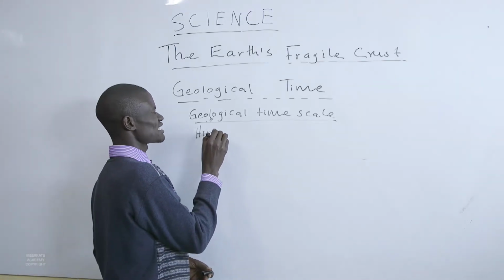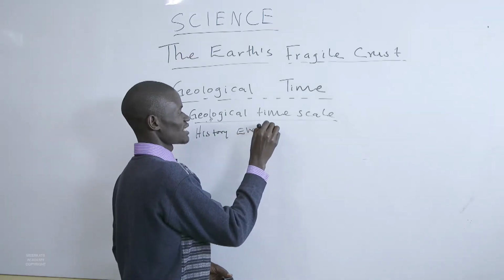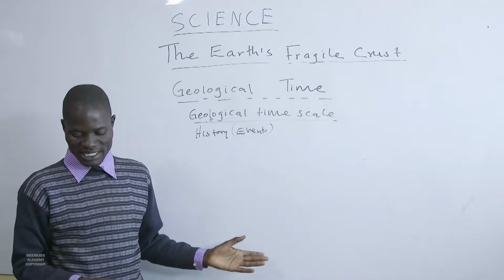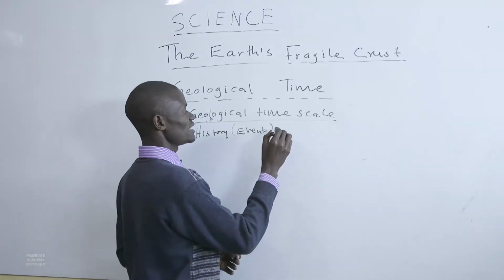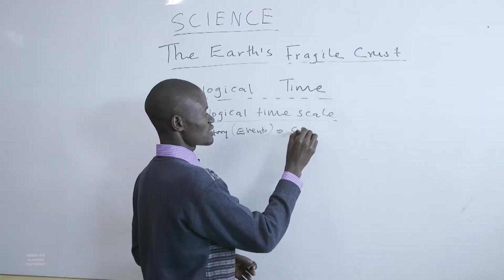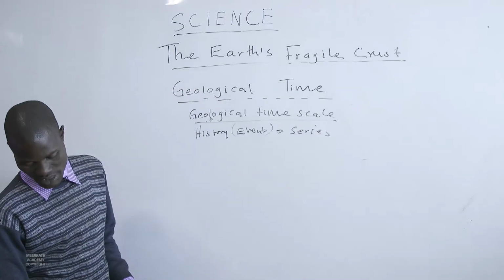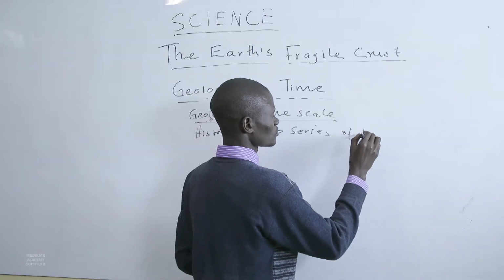What makes up that history are the events that have happened and have been recorded, and these events have divided the Earth's history into a series of time intervals.